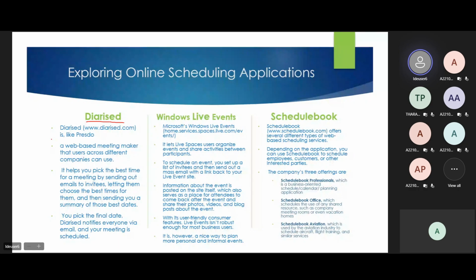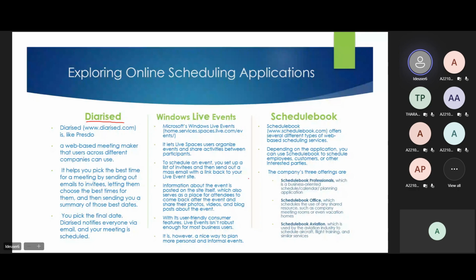Depending on the application you use in Schedule Book, employees, customers, or other interested parties can use this Schedule Book. Okay, so this company offers three types of Schedule Book: Schedule Book for the professionals, Schedule Book for the office, and Schedule Book for the aviation.